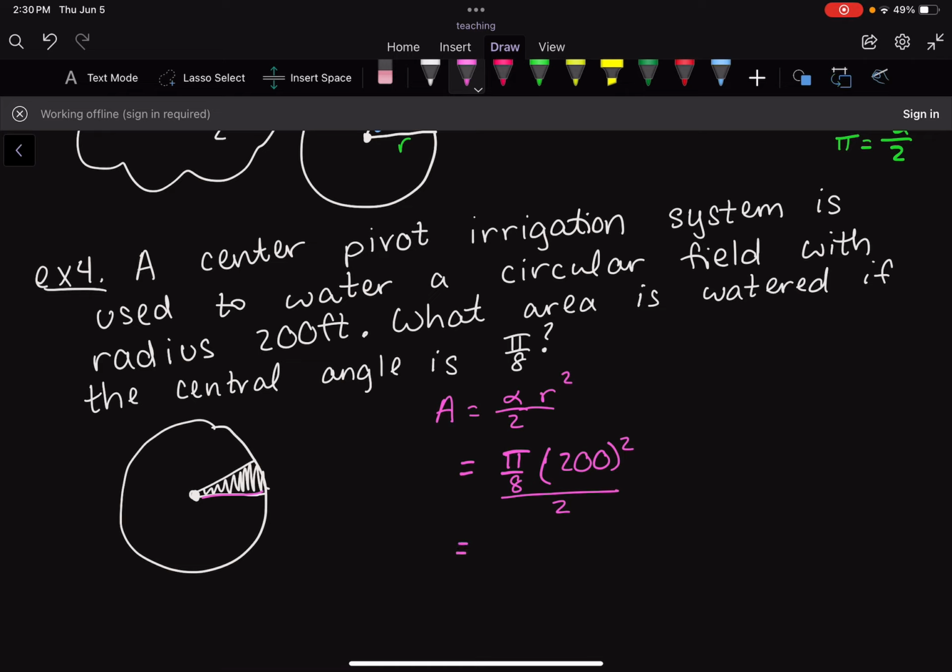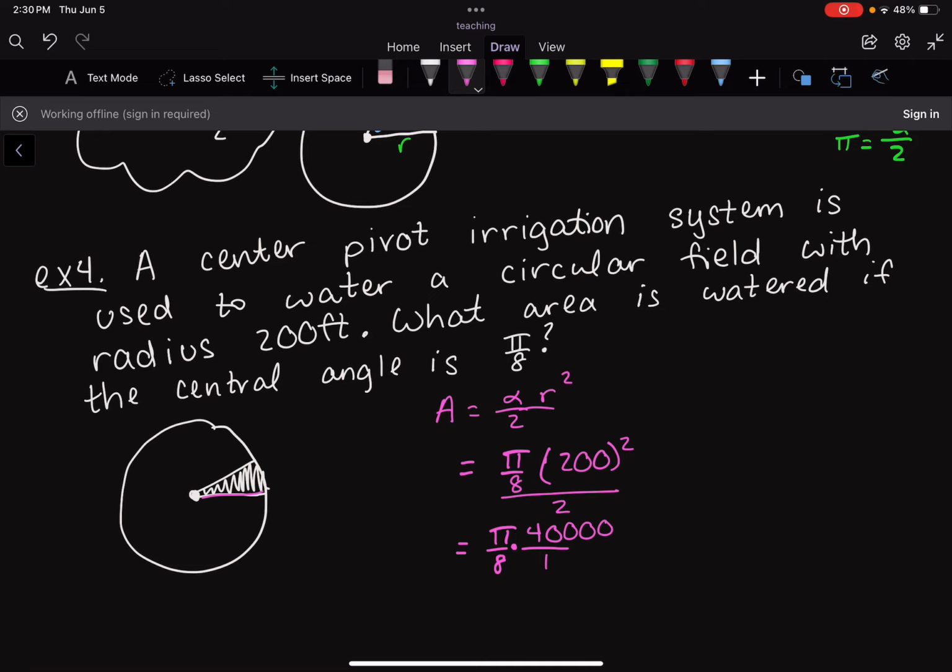Pi over 8 and then this is 200 squared. Now I don't want to accidentally multiply it by the 8, so I'm going to remember that everything's over 1. And so 200 squared would be 2 squared is 4, and then I would repeat the zeros. So I'd have 4 zeros for this one.